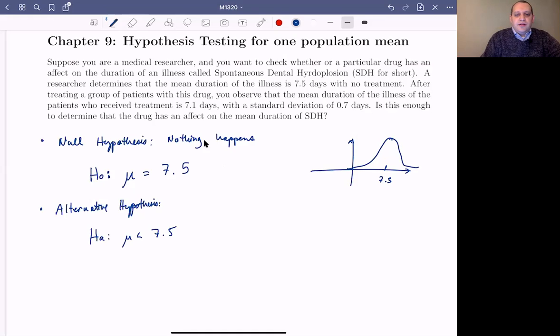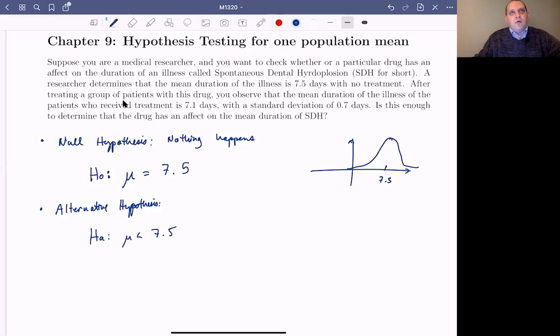All the data that we're going to have is going to tell us, do we have enough evidence to say that the drug has an effect or not? I want to be careful about the way that I even say this. That really is going to be how we answer the question. Do we have enough evidence that the drug has an effect or not? That doesn't mean that the drug has no effect.